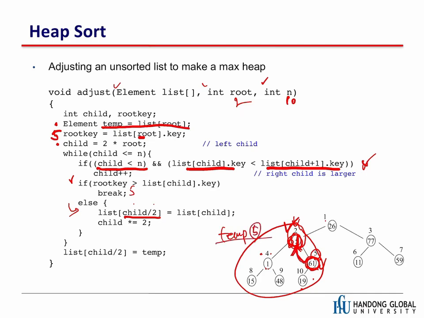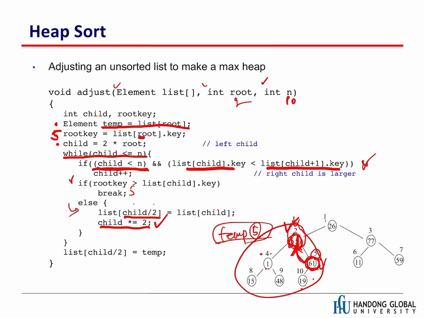So temp has 5 here. When we overwrite this one, we don't lose that information. We have temp. Next child is 10. Child was 5, now child is 10, and then we go back.